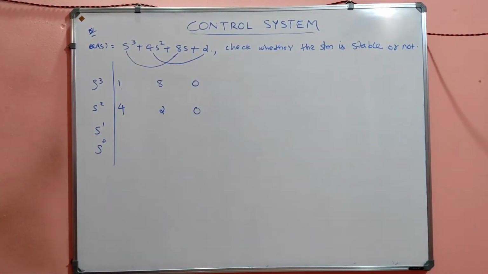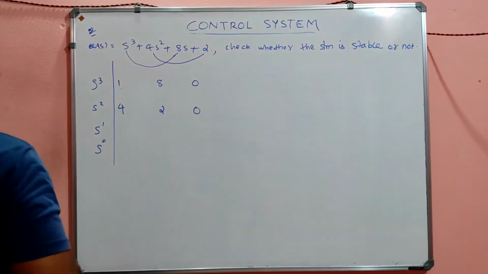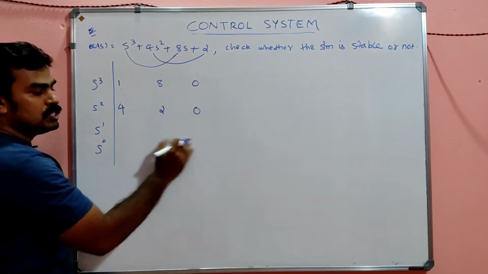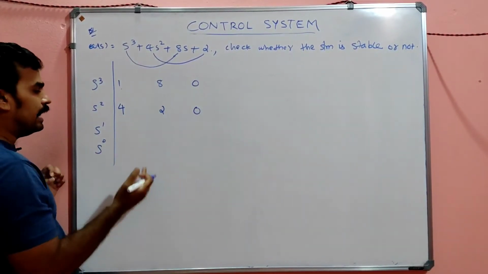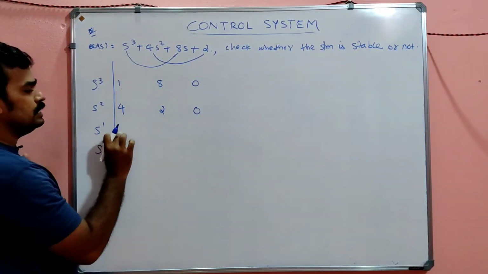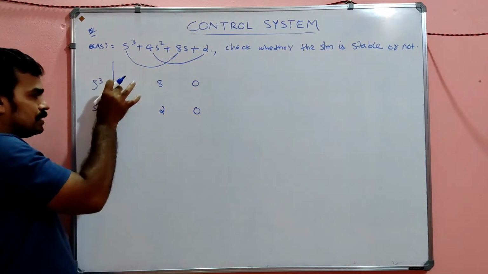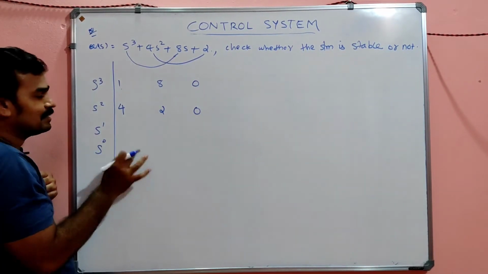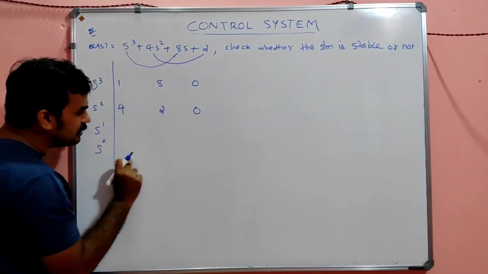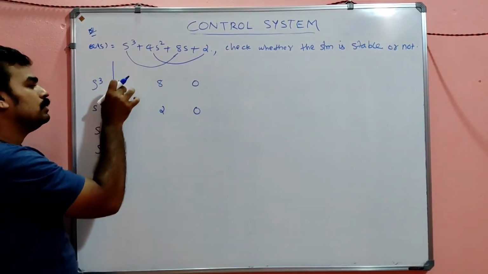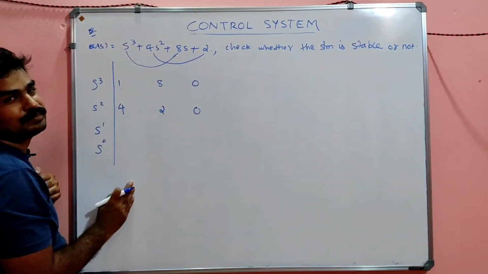And the remaining rows, my dear, you have to calculate. This row and this row you have to calculate, then only the first column will be complete, correct?